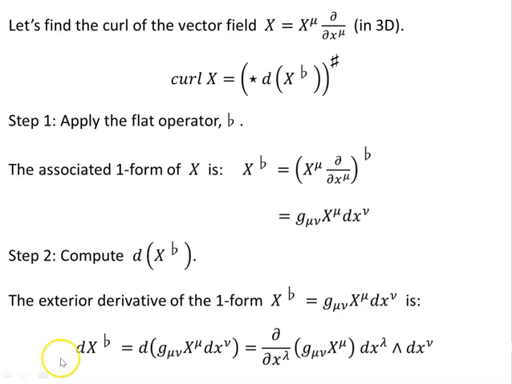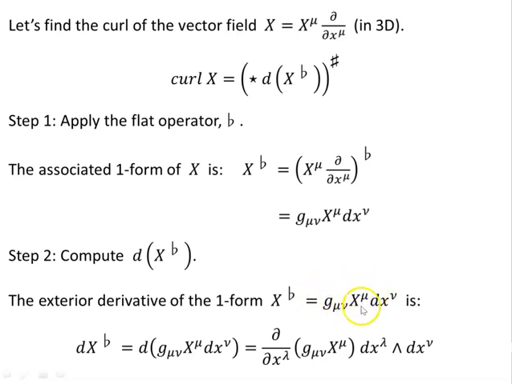The exterior derivative is then d acting on X flat, which is now partial over partial x lambda acting on this, wedge dx lambda, just as before. Remember when we had P, Q, and R in these spaces here, and then we took the partial derivative of them? Well, we did the exact same thing. It hasn't changed. We just have here, these are our components.